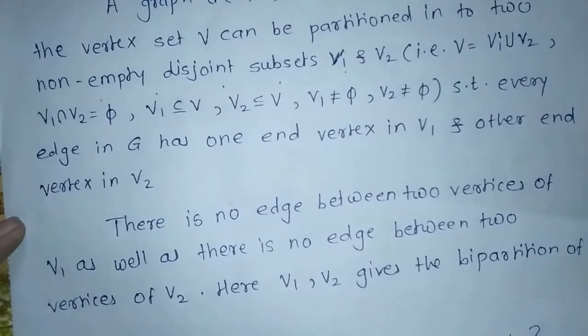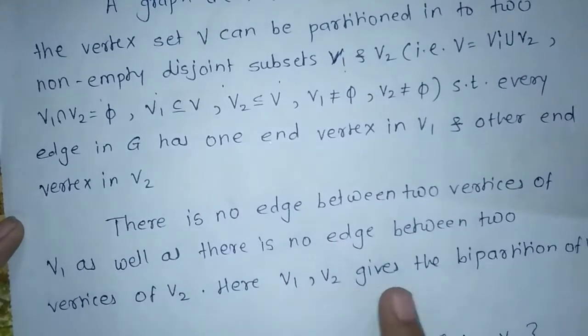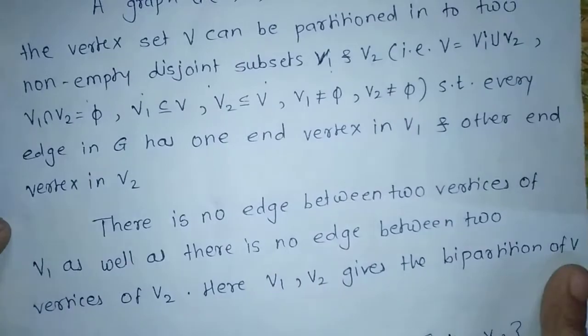There is no edge between two vertices of V1, as well as no edge between two vertices of V2. Here V1, V2 gives the bipartition of V.